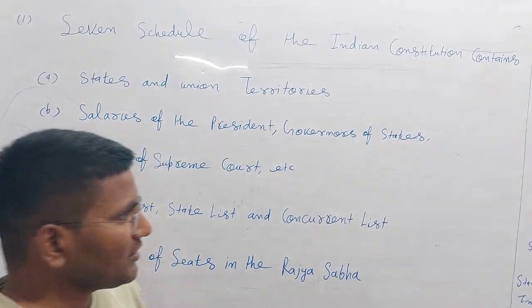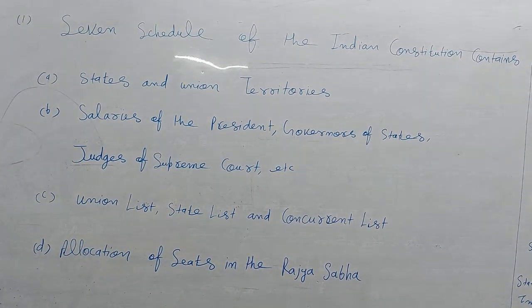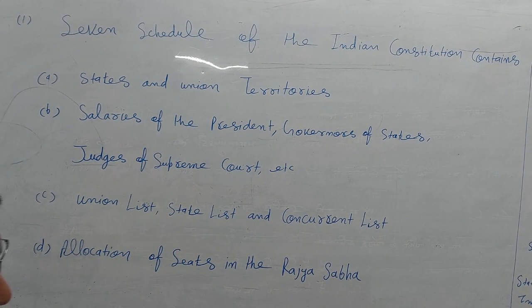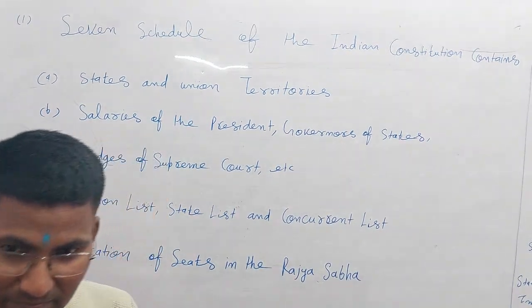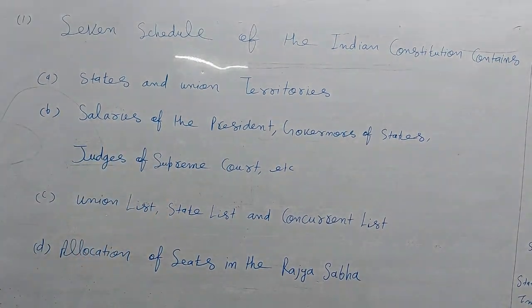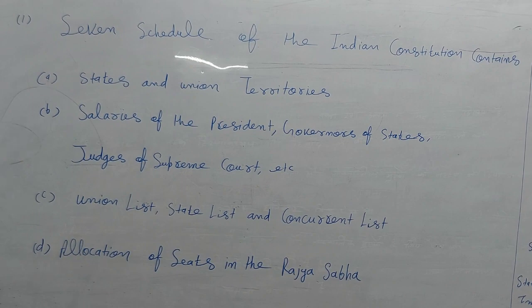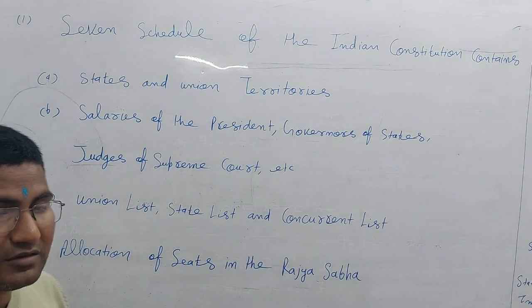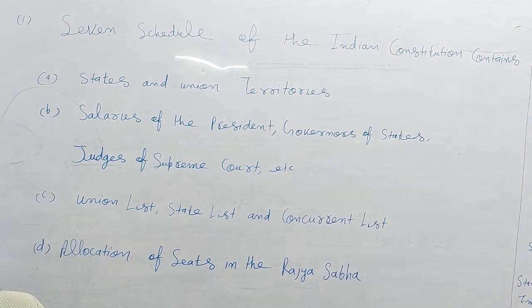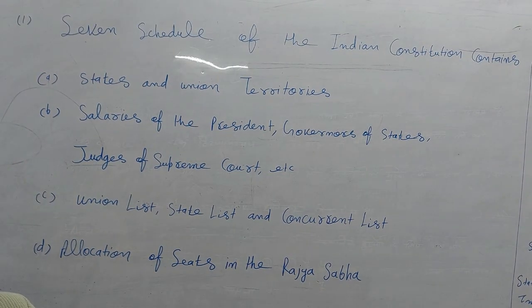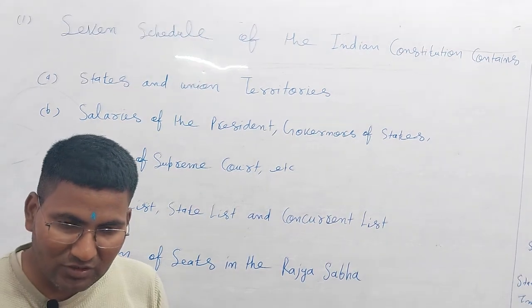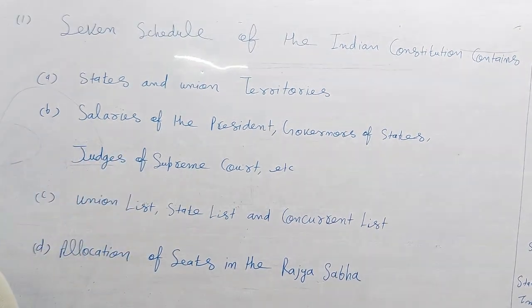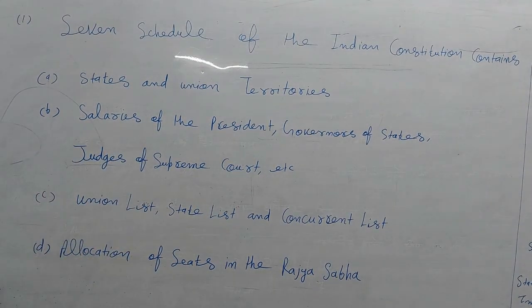In the union list are matters of national importance, in the state list are matters of state and local importance, and the concurrent list covers joint matters. You should know that the seventh schedule has three lists: union list, state list, and concurrent list.